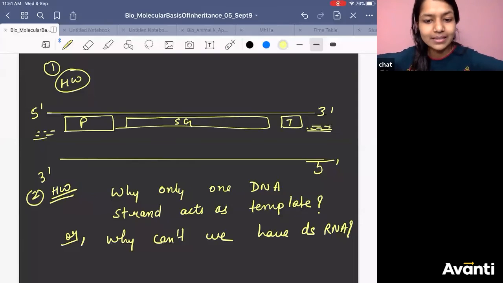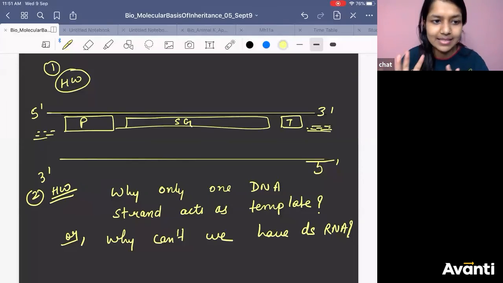Why only one DNA strand acts as template? Find out the reason. It is in NCERT. You don't have to Google it. Don't Google it. I do not like when you Google things. Try to find out from NCERT. If you are not able to find it from NCERT, it is fine. But it is written in NCERT. There are two reasons which are given in NCERT. Find that out. Cool? So that's that.